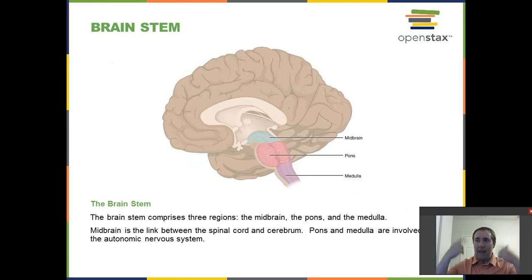So now we're going to keep moving down. We have the brain stem. We have the midbrain, the pons, and the medulla. So if we look at this diagram, we have the cerebrum, we see the corpus callosum, so we have the diencephalon here, and then we have the brainstem here, which essentially connects the brain to our spinal cord.